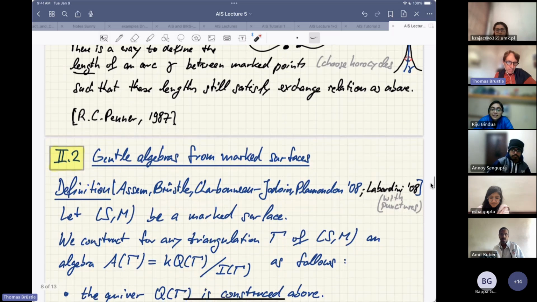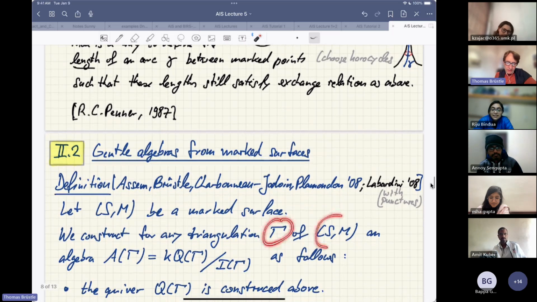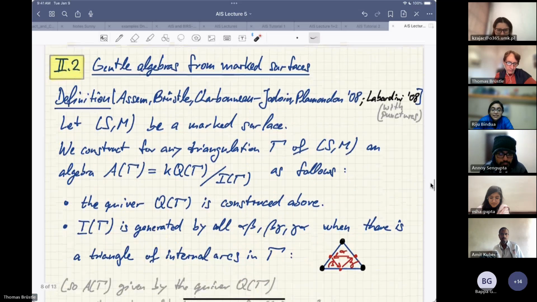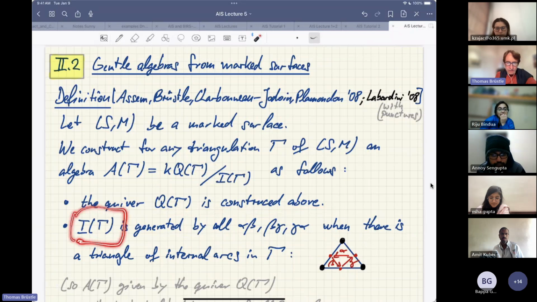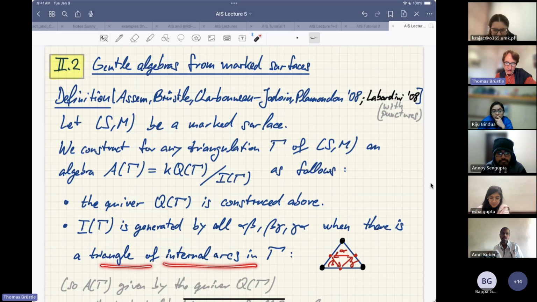And so here's the thing. We have the triangulation, we have the surface, we know how to construct our quiver. We want to add some relations. The quiver is the one that we have. And which set of relations do we want to add to this quiver? We want to consider the ideal which is generated by all paths of length 2, alpha beta, beta gamma, gamma alpha, whenever there's a triangle of internal arcs in the triangulation.